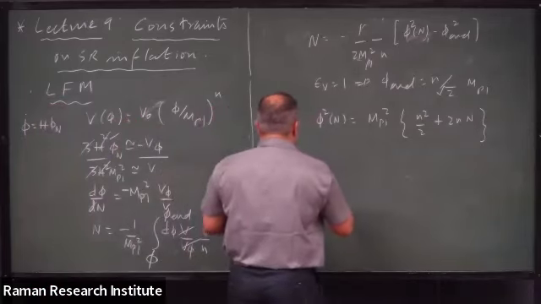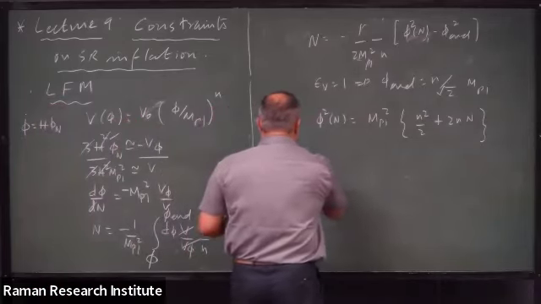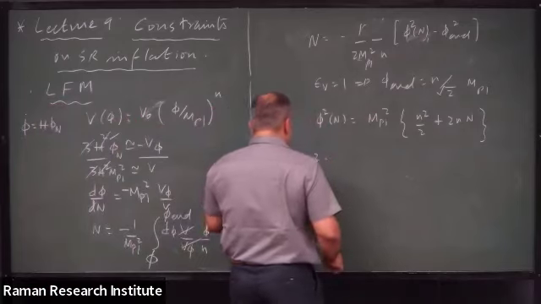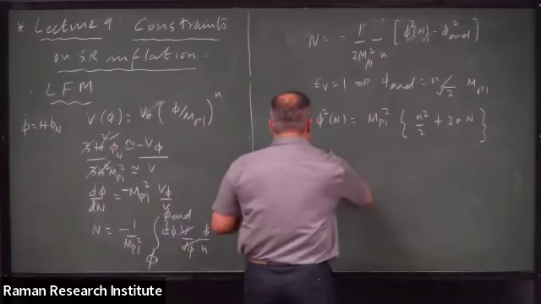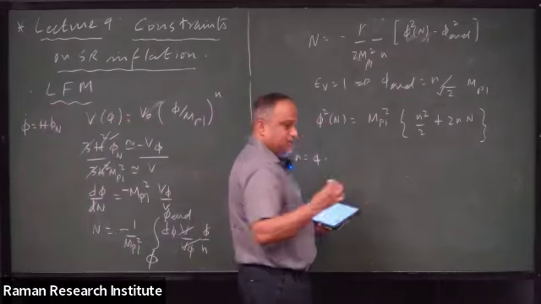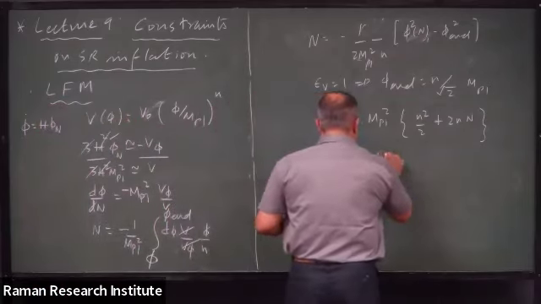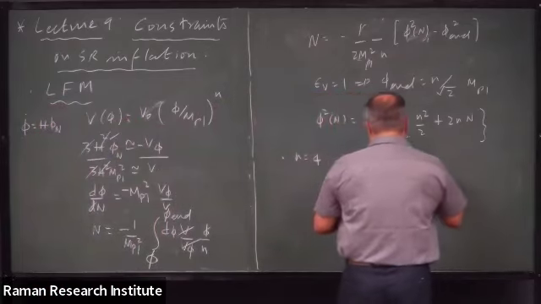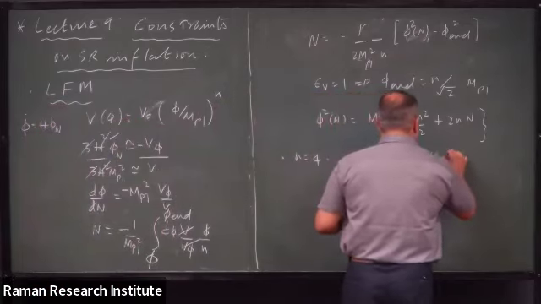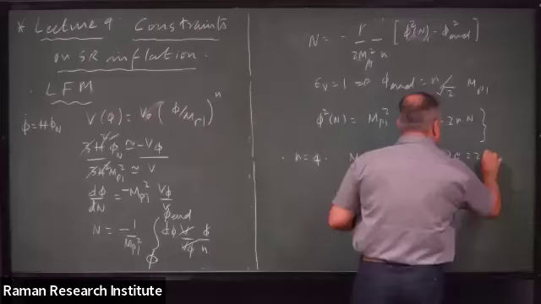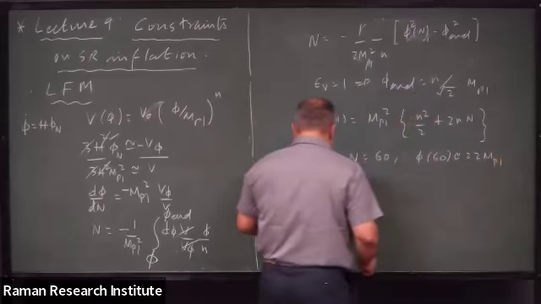So what do you have? Let me consider n equal to 4 first, okay? And for N equal to 60, what do you obtain? You obtain phi_60 to be something like 22 mpl. All right, okay?